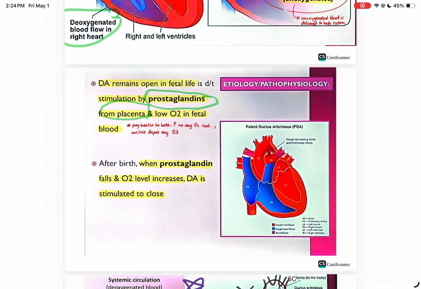It is an abnormality. The ductus arteriosus remains open in fetal life due to stimulation by prostaglandins from the placenta and low oxygen in fetal blood.